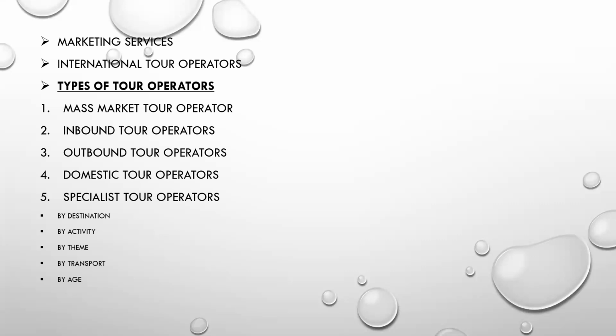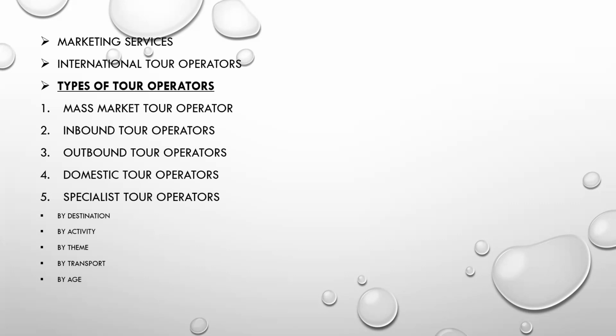Now we're going to talk about the international tour operators. The first thing is a tour operator combines tour and travel components to create a package holiday. They are responsible for arranging the transport, the accommodation, the leisure activities, and then make up a package holiday.